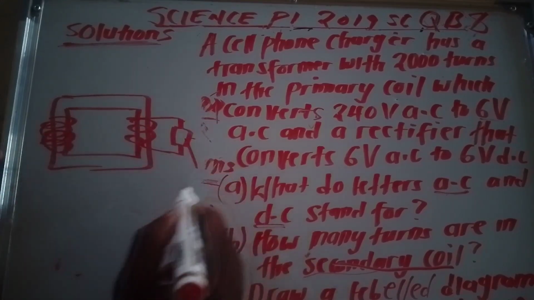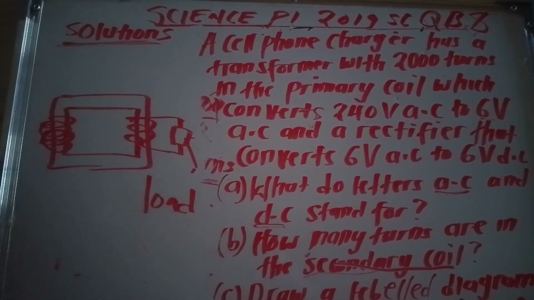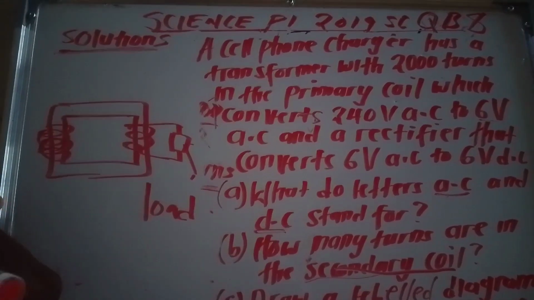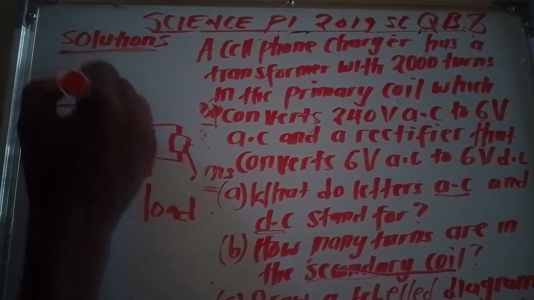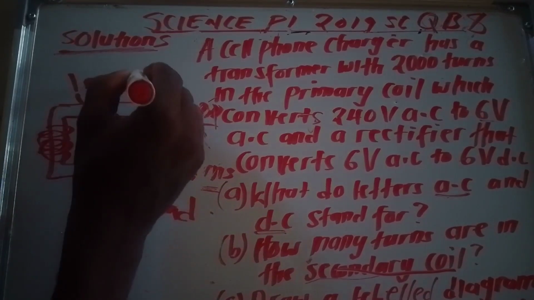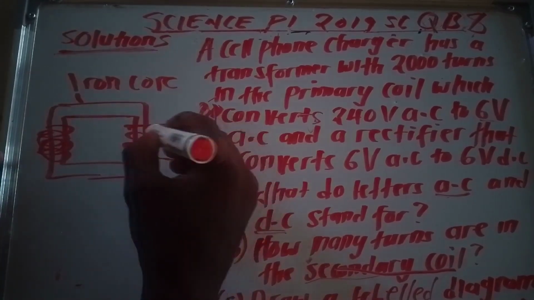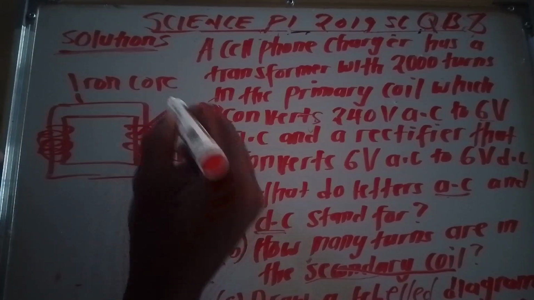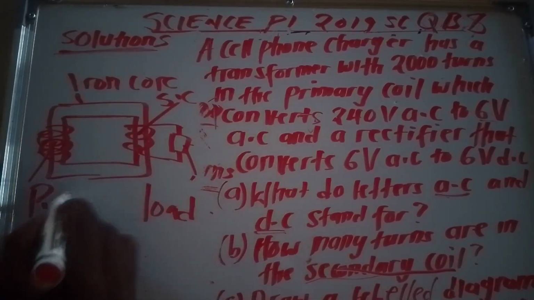So this is the load. Let's say, for example, it has been connected to a certain electrical appliance. Okay, this is the load. Since you have been told to label it, this is the soft iron core. This is the iron core, and this is the secondary coil. This is the secondary coil, and this is the primary coil.